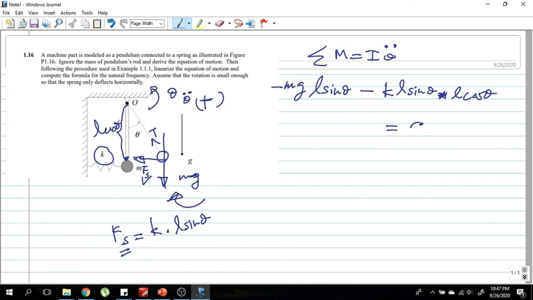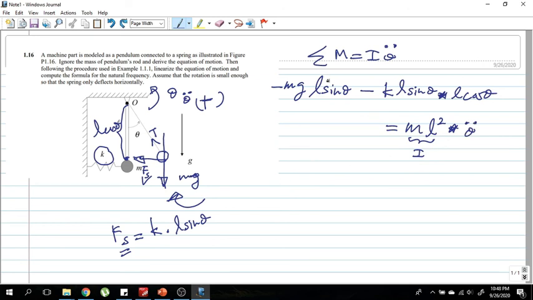On the right hand side you have I, and we know that for a case like this, where a lump mass is attached to a string or a rod, the moment of inertia is ml squared. Okay, moment of inertia is ml squared. Then you have theta double dot.